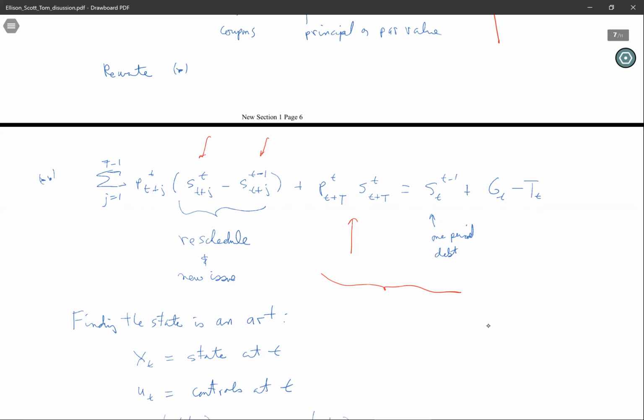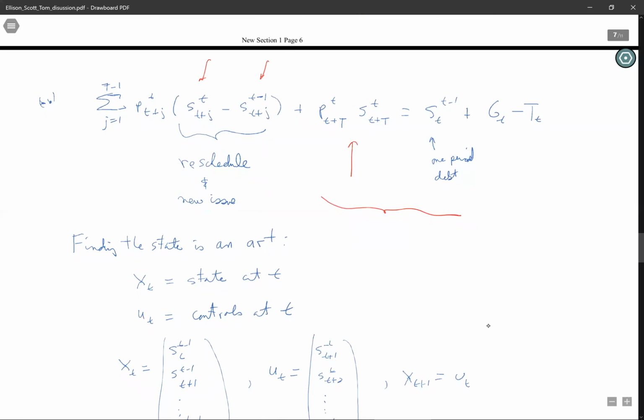This paper does not focus on an optimal debt problem, although it's set up to go the next step. So I'm going to take this equation and see what we can get.